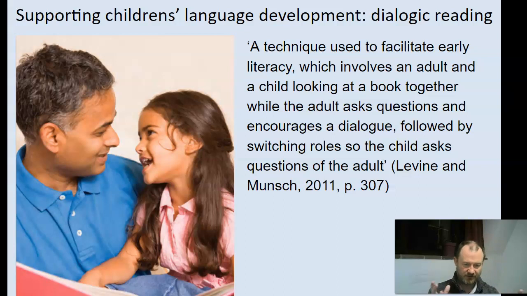We obviously don't want classes where children have varying different levels of language development. We want to ensure equitable outcomes for everybody. So one way of ensuring this is a technique called dialogic reading.